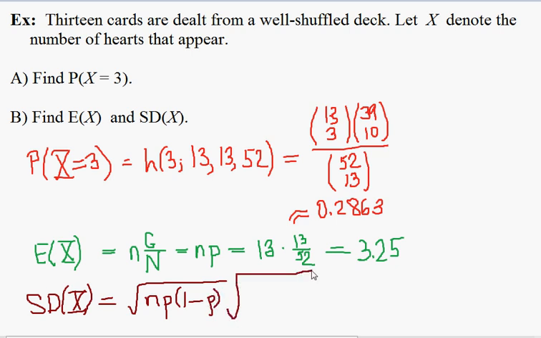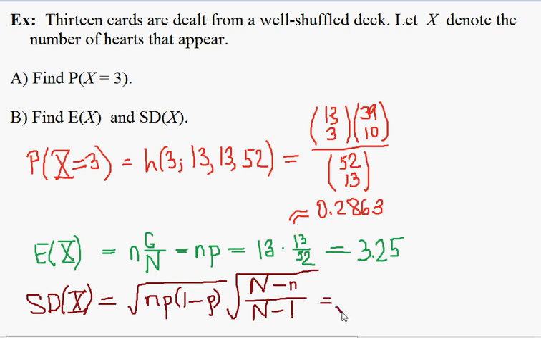But because it's hypergeometric, the data will be a little bit less spread out, and the way of quantifying how much less spread out it is, we multiply by this finite population correction factor, capital N minus little n over capital N minus 1.